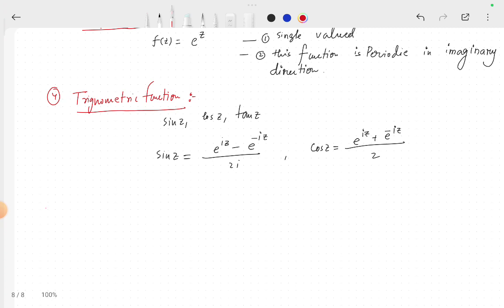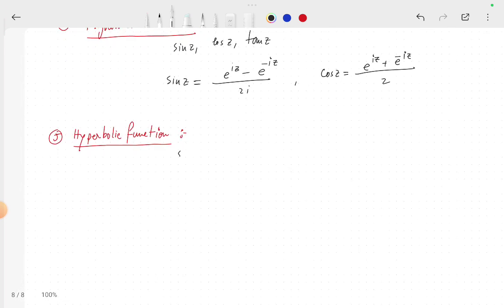And fifth is hyperbolic functions. You already know about that. Hyperbolic functions like sinh z, cosh z, tanh z. These are all single valued functions.